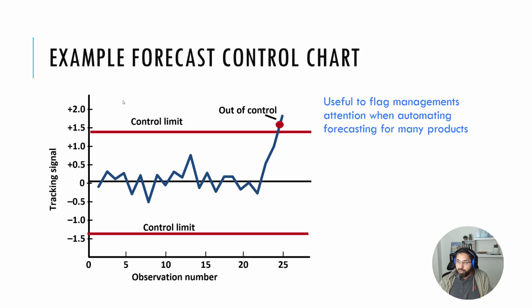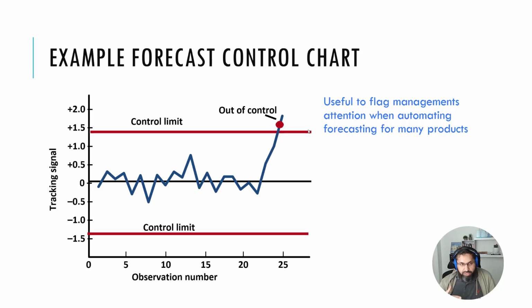These control charts to look at the tracking signal are especially useful if you are using some automated forecasting process like ERP systems like SAP. They may have automated forecasting where you pick an algorithm and it just automatically keeps updating the forecast as new sales data becomes available. In those situations, you may want to have tracking signals in place. So if your forecast goes off, you can go back in and see what happened.